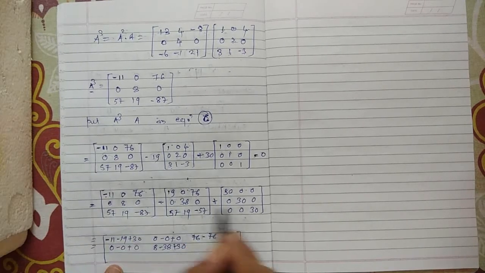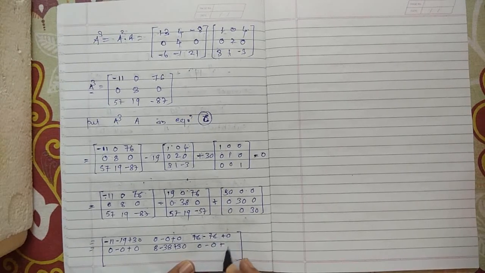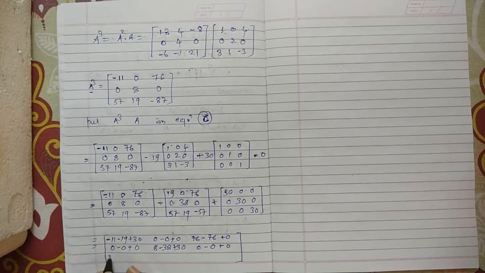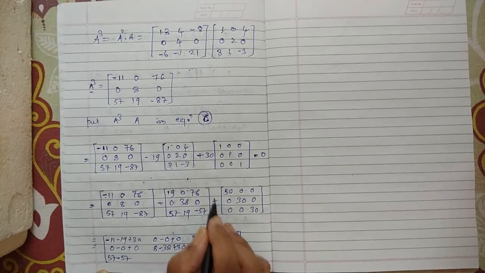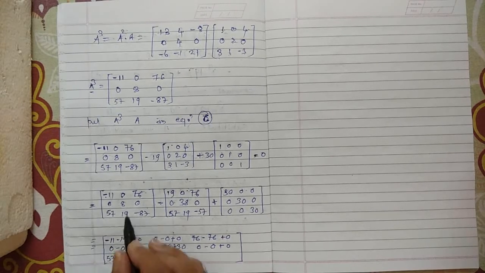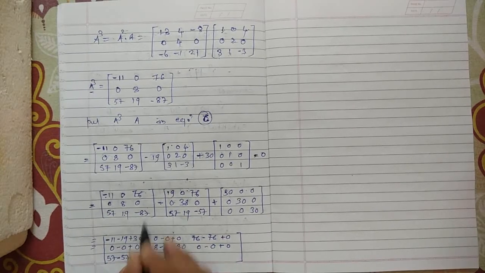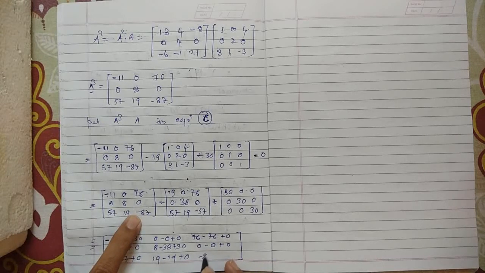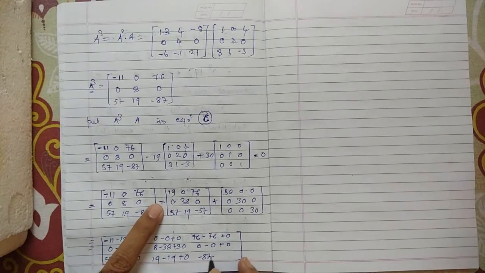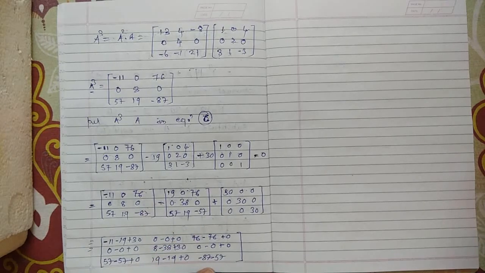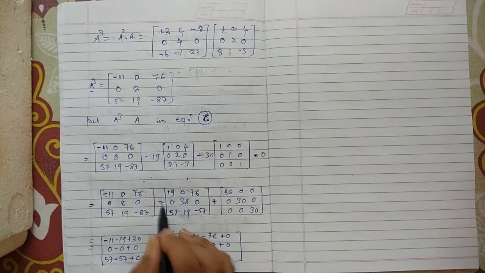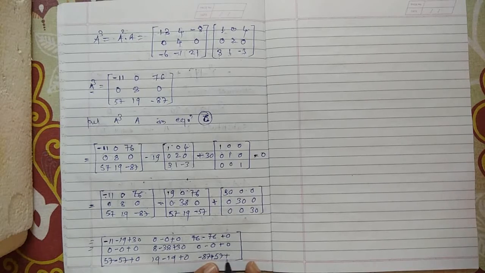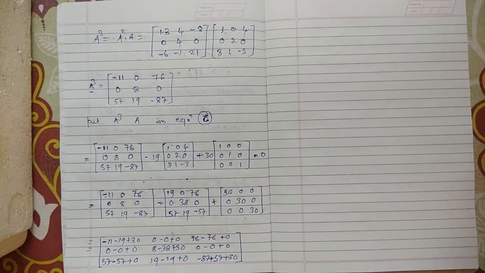Then 0 minus 0 plus 0, 57 minus 57 plus 0, 19 minus 19 plus 0, and minus 87 minus 57 plus 57 plus 30.